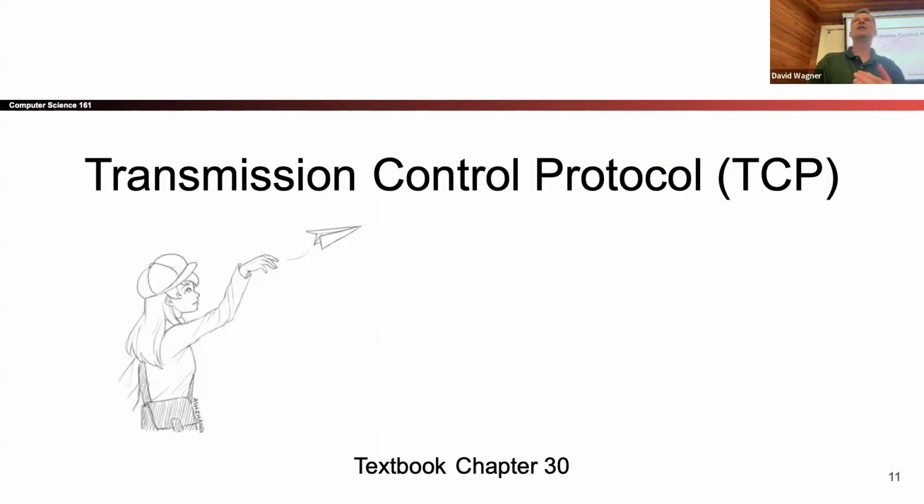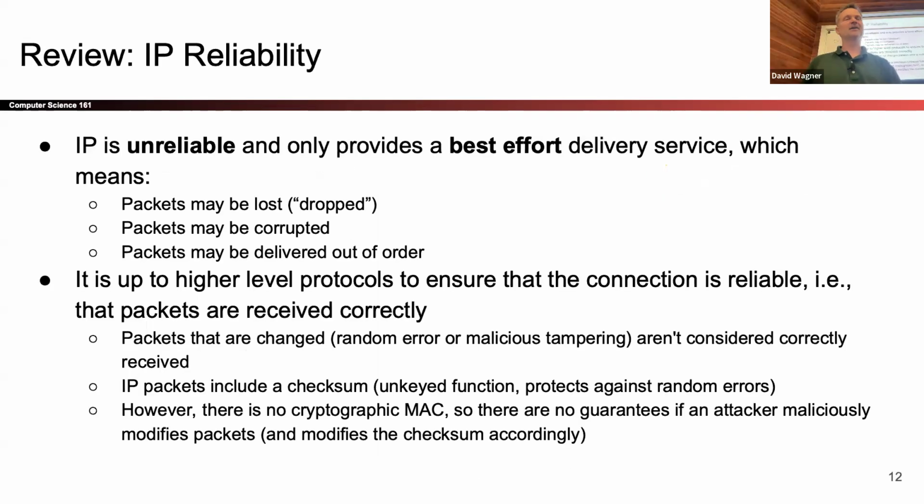On top of IP, we use TCP, which is a protocol designed to provide some features that IP doesn't have. IP is designed to be very simple, have very few features so that it can be routed very fast. But the downside is there's stuff we want that it doesn't provide. IP is unreliable, but we would like our network connections to be reliable. IP is unreliable because that enables us to build routers that are faster and can handle more traffic.